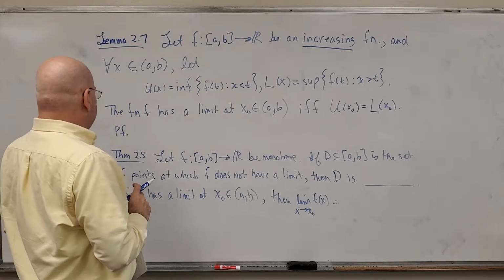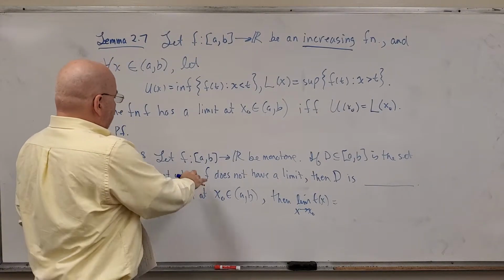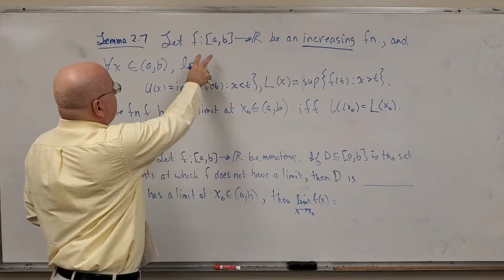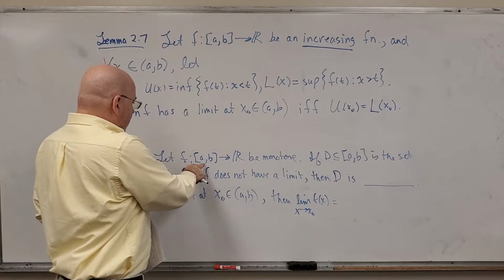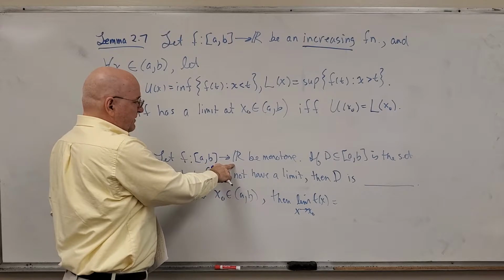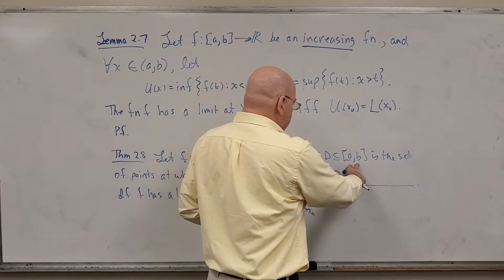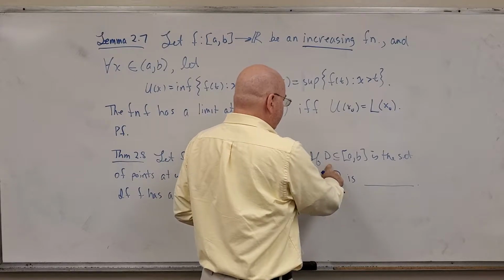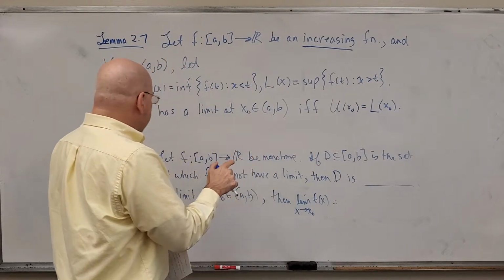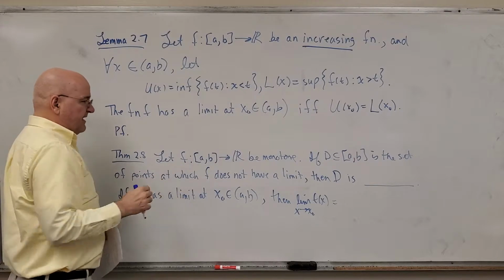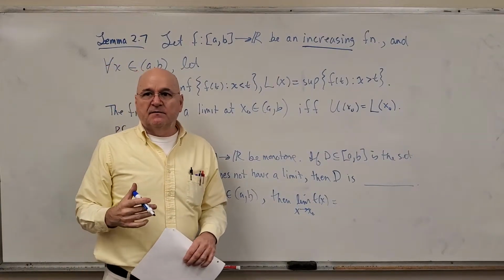All right, lastly, theorem 2.8. The function f, just like in the previous lemma, going from closed interval a, b into the reals, let it be a monotone function. And if you take some subset of the domain, D, being defined as the set of points at which f does not have a limit.